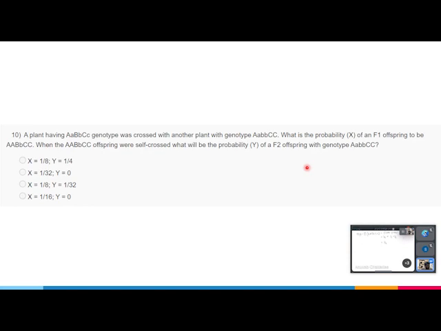So we go back to our F1 progeny. So we are selfing this out. Our F1 progeny is now capital A, B, small b, C and C, which will segregate as capital A, which does not matter much.